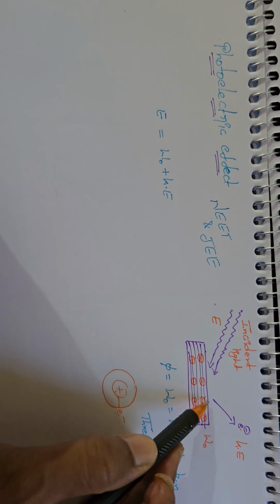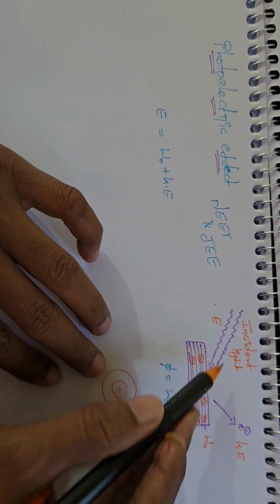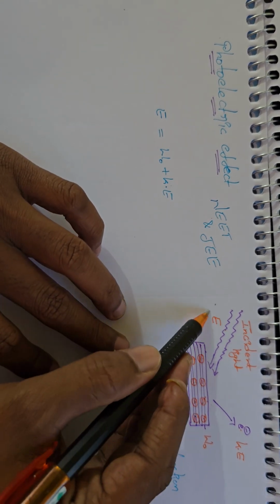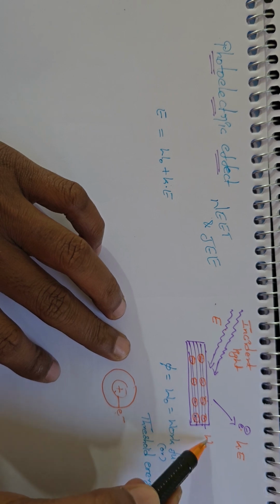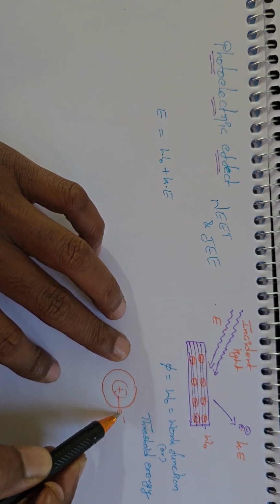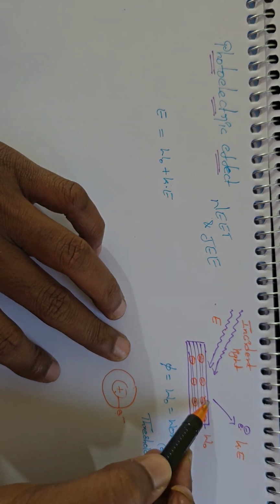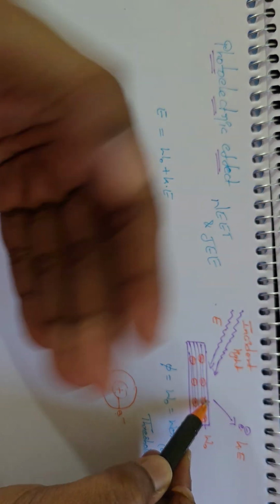For breaking those interactions, some particular energy is utilized. Some amount of energy is utilized to break the interactions between nucleus and electron, and some amount of energy is utilized as kinetic energy as the electron moves away from the nucleus.